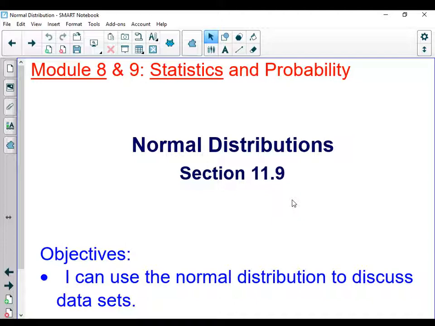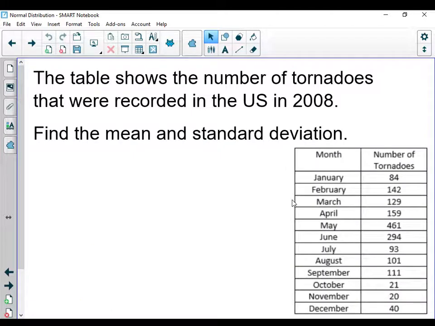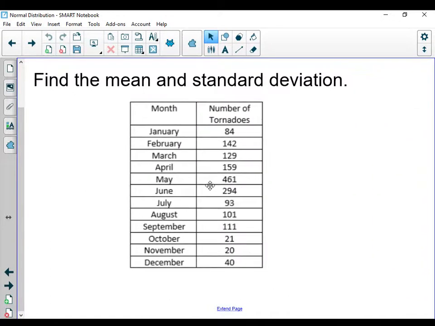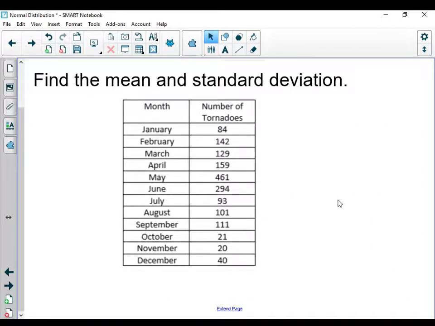Okay. So what we're going to be looking at, is there a song? Nope. Aww. You can always create one if you want one. So for this first example in your calculators, I want you to tell me the mean and the standard deviation.